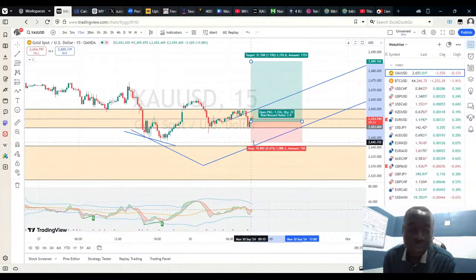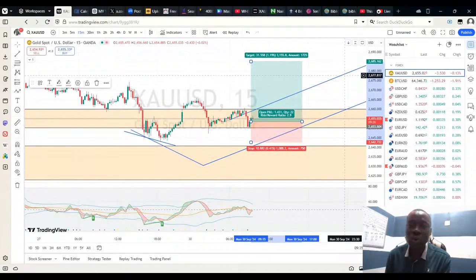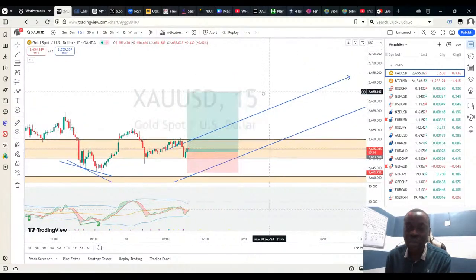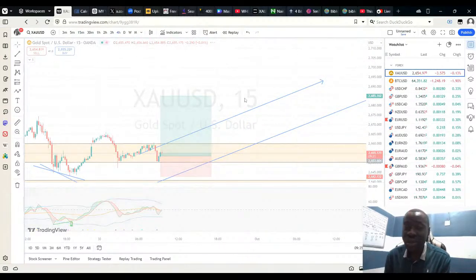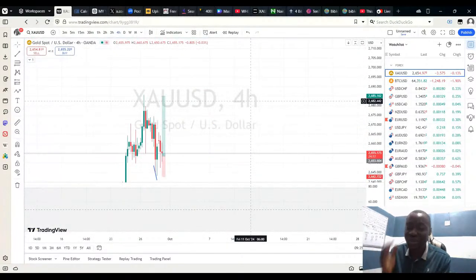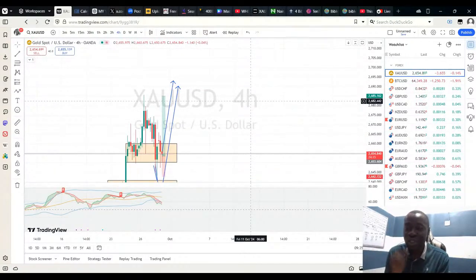You can also put it here and use a low lot size, and let's see how far gold will go bullish. I'm still believing that gold should go bullish, but remember, this is a reactive market and it needs a proactive measure. Make sure you follow proper risk reward management.